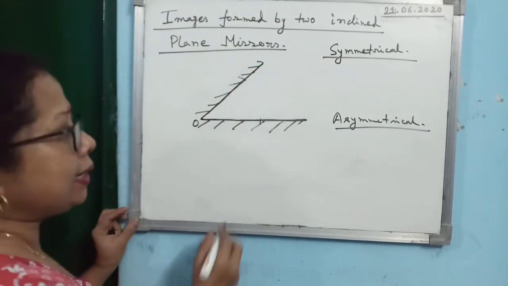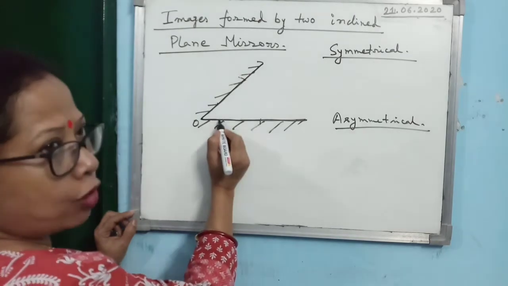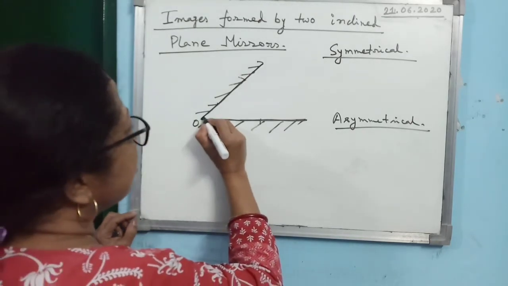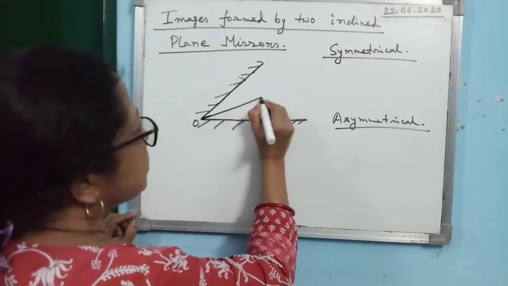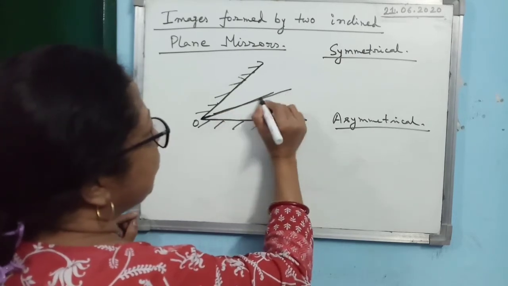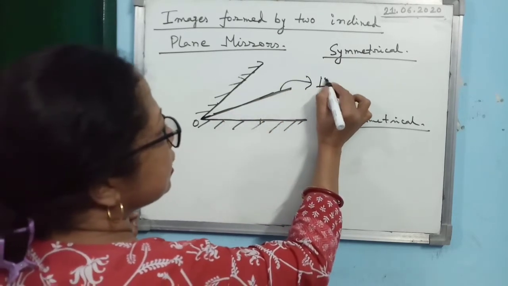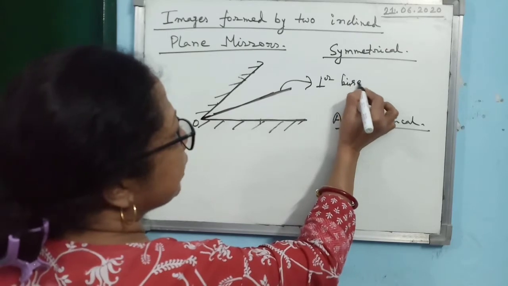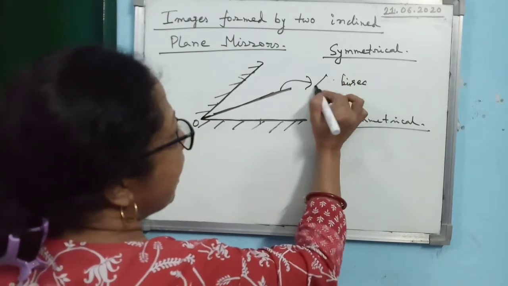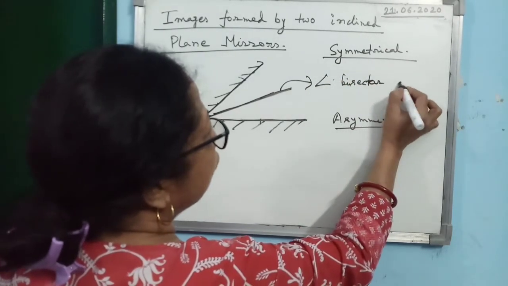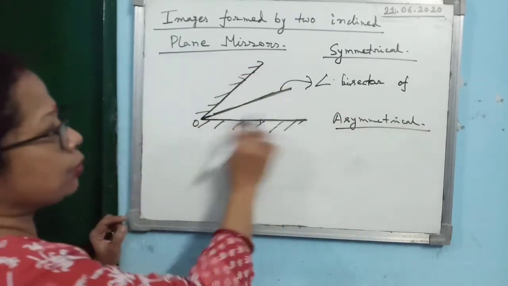So how can you get it? You see the angle formed between the 2 plane mirrors. You draw the angle bisector of the angle between the 2 mirrors.